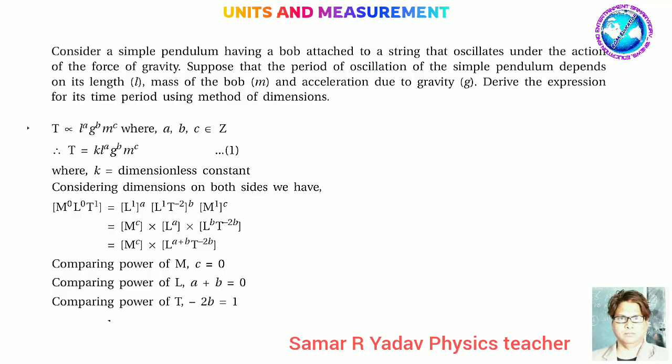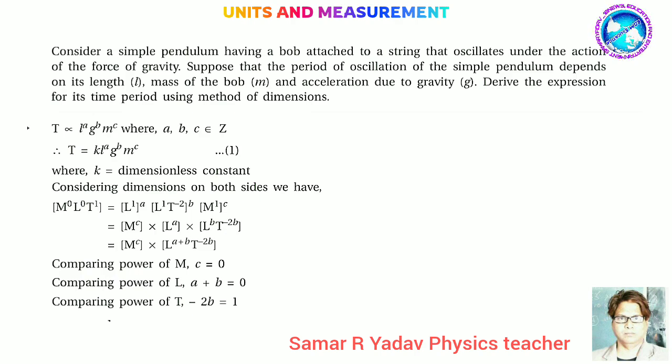Considering dimensions of both sides, we have [M^0 L^0 T^1] = [L^1]^a [L^1 T^-2]^b [M^1]^c = [M^c] [L^a] [L^b T^-2b] = M^c [L^(a+b) T^-2b].